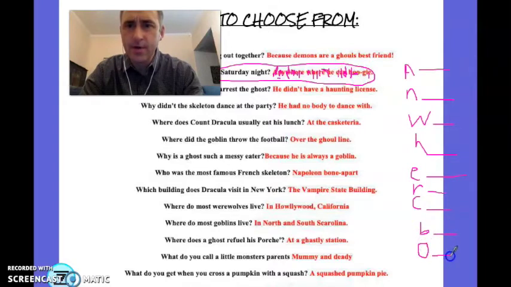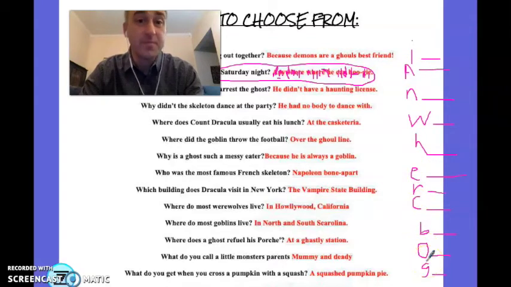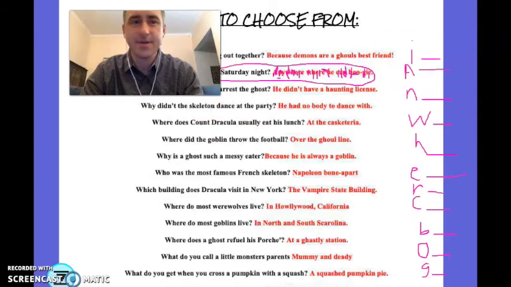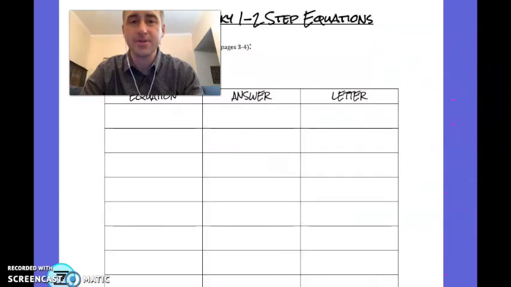So I need a number answer for the O's. A G. Number answer for the G. And I'm running out of room. An I. Let's see if I have 10. 1, 2, 3, 4, 5, 6, 7, 8, 9, 10, 11. Well, between 10 and 12 letters. Based on my example, I'm going to need 11 equations with 11 answers and using those 11 letters that I put on this page.